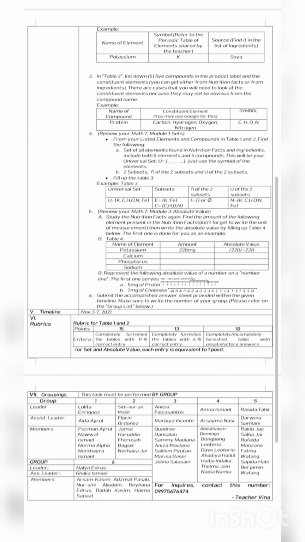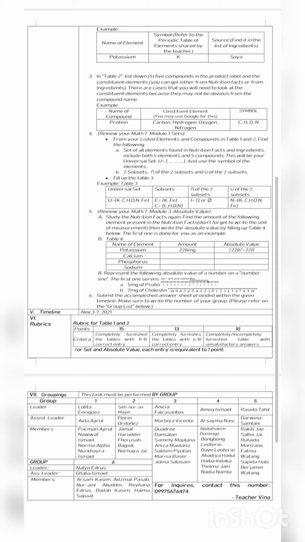This is for table 1 and table 2. For the rest of the tables, the set and absolute value, each entry is equivalent to 1 point.